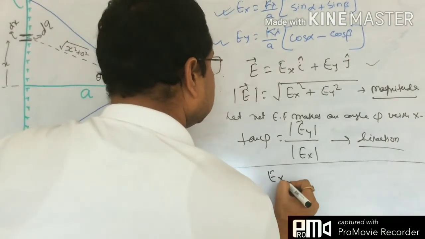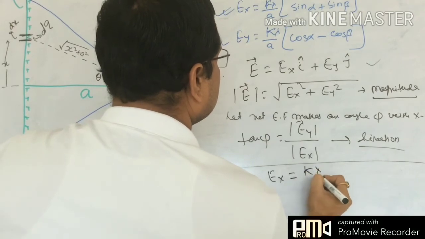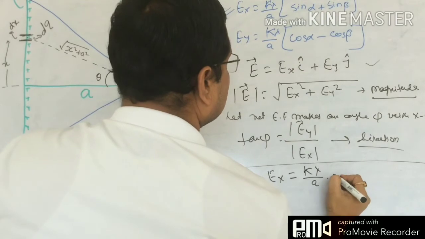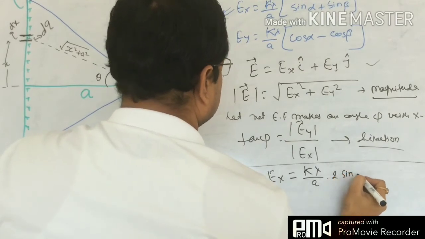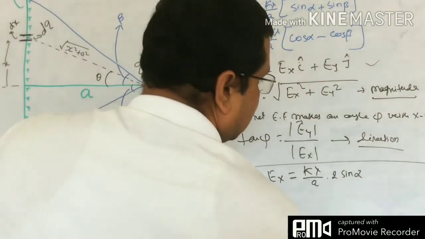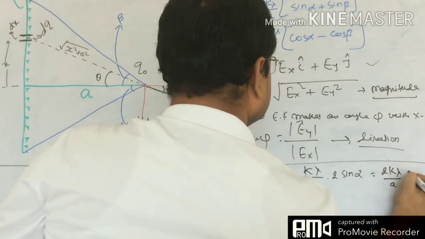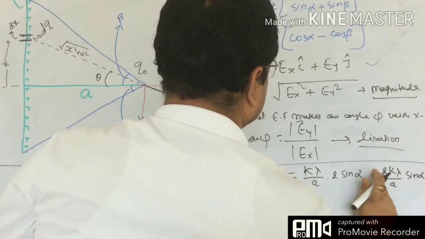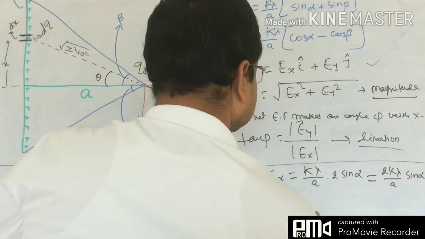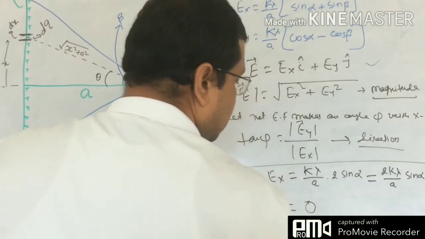So Ex equals k lambda by a into sin alpha plus sin alpha, that is 2k lambda by a into sin alpha, and Ey equals cos alpha minus cos alpha, which is 0.